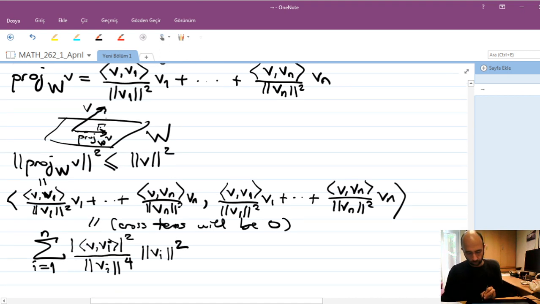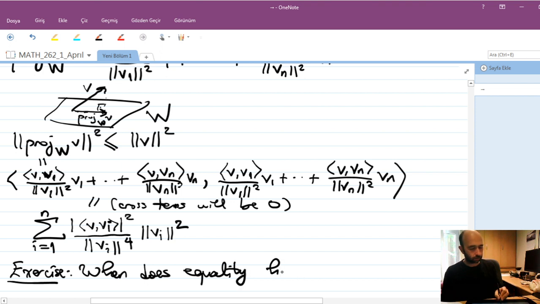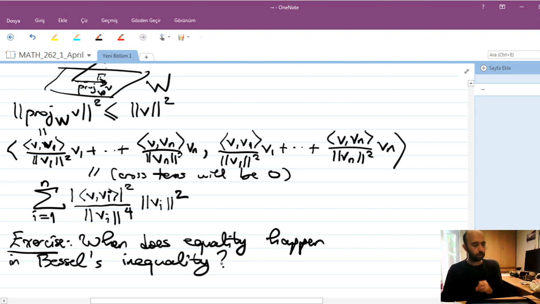Okay, so a question that I want to leave to you to investigate: when does equality happen in Bessel's inequality? Let me leave that part to you.